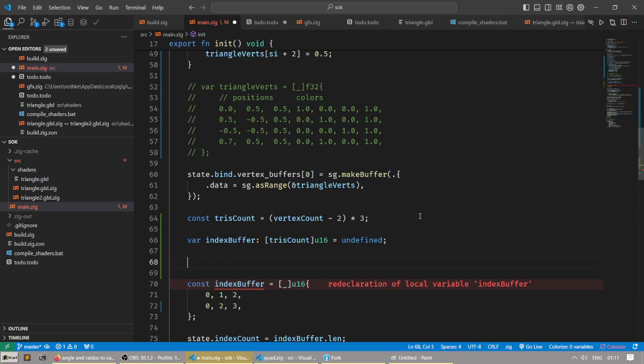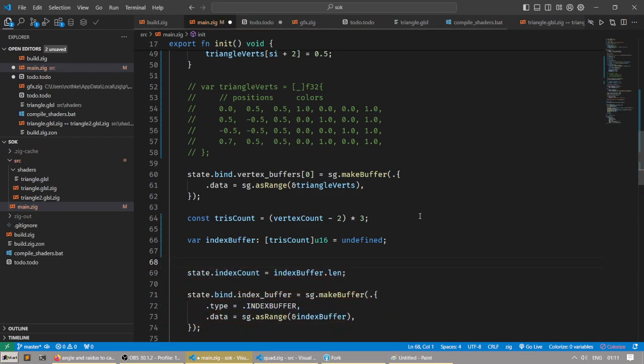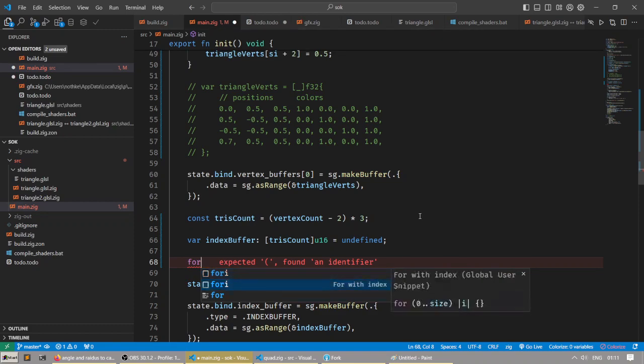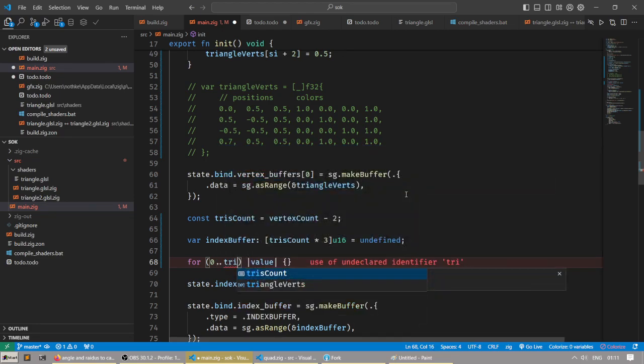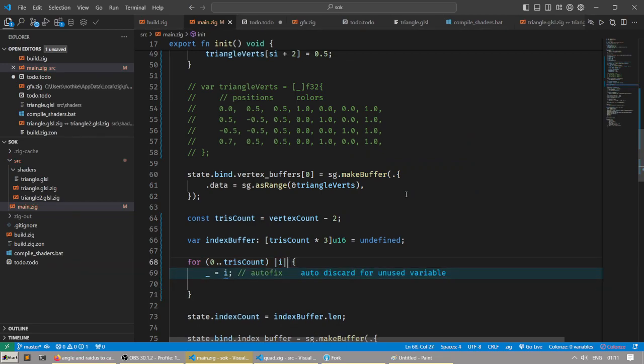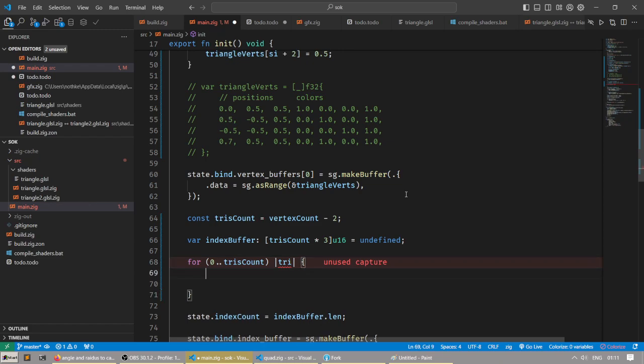Instead of defining the index buffer ourselves, we're gonna go through a number of triangles. By the way, this is the index count, not the triangle count. This is the triangle count, but the index count is going to be try count by 3. I'm going to go through 0 to try count, and do an index of that. Let's do try instead.